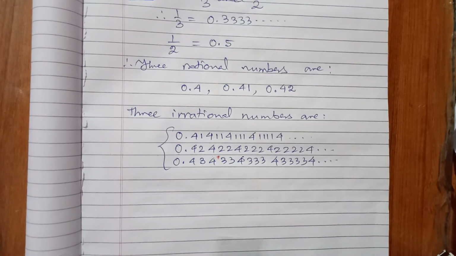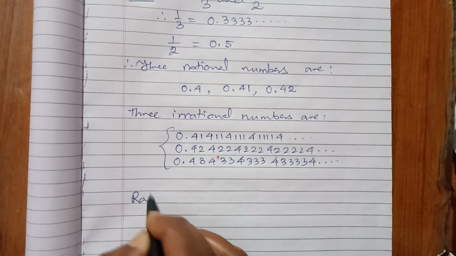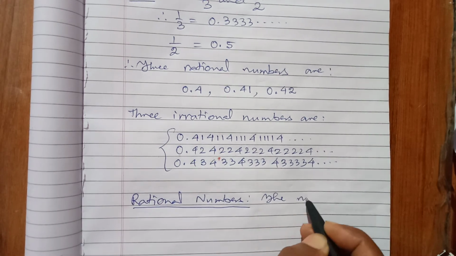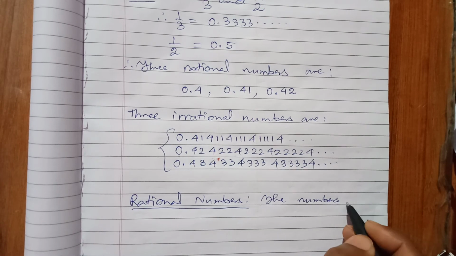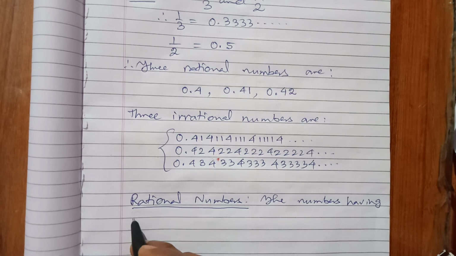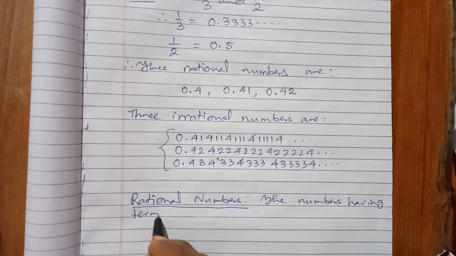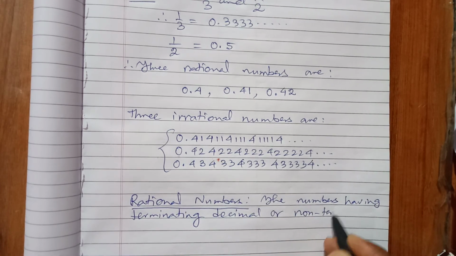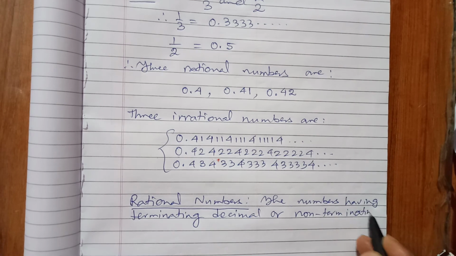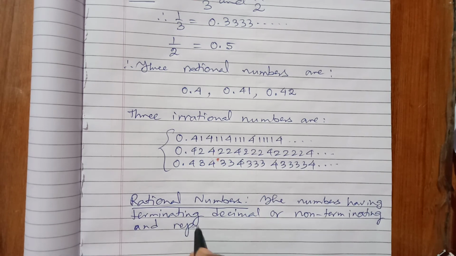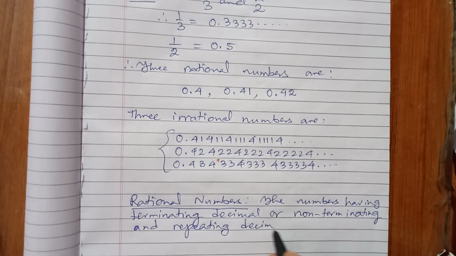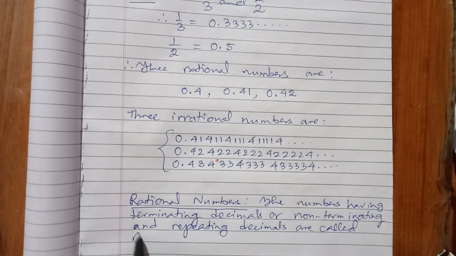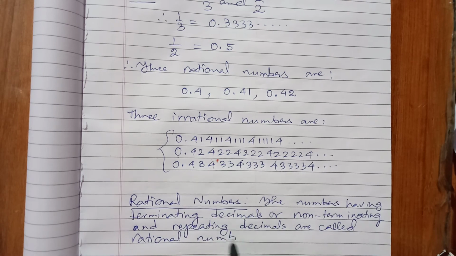The definition is this. First, rational numbers: the numbers having terminating decimal or non-terminating and repeating decimal are called rational numbers.